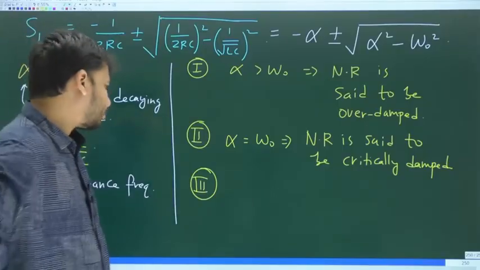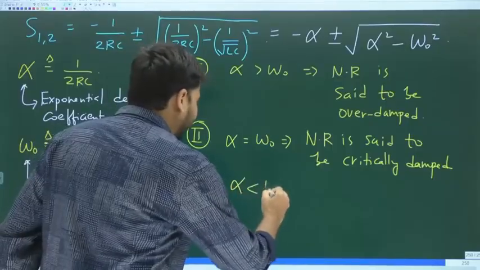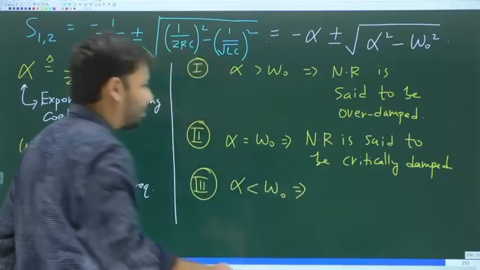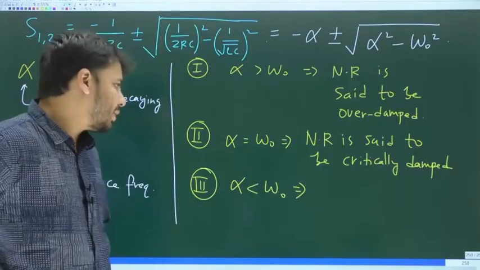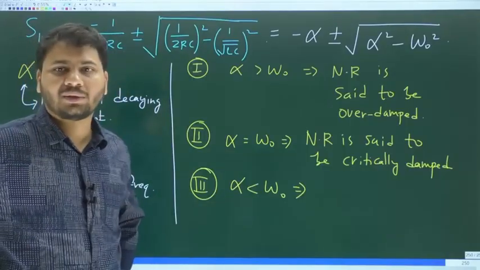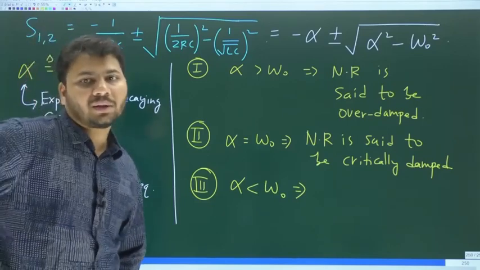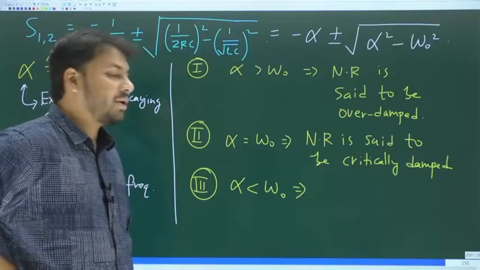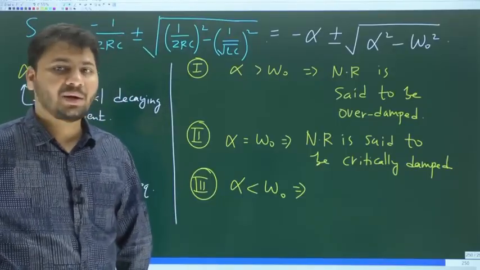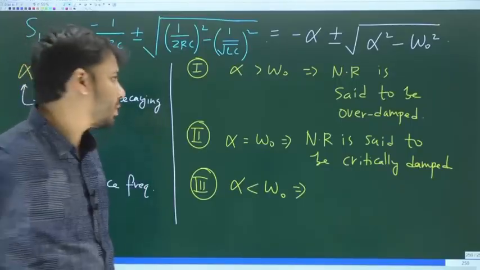Okay. What is the third possibility? Alpha can be less than omega naught. If alpha is less than omega naught, then the natural response is said to be underdamped. Alpha greater than omega naught, what is the natural response? It is overdamped.